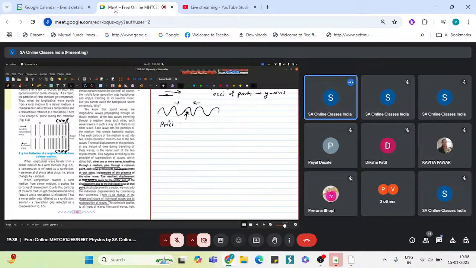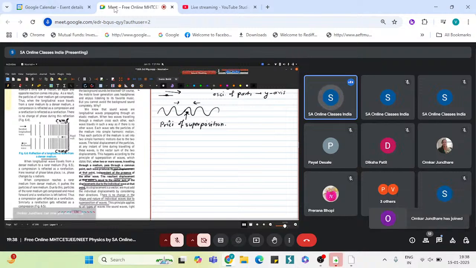The principle of superposition basically says that if you have such a condition where two waves are simultaneously crossing a point in the medium, then each wave passes as if the other wave does not exist, and the displacement of the particle is the vectorial sum of the displacement that is caused by both waves individually.